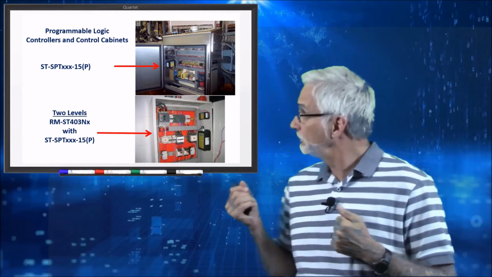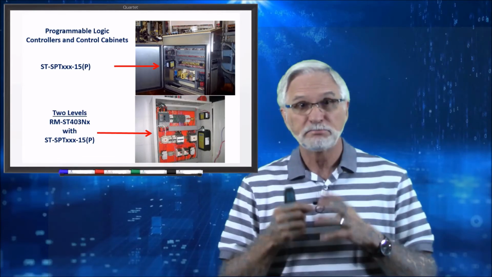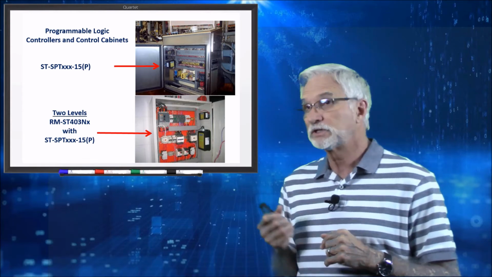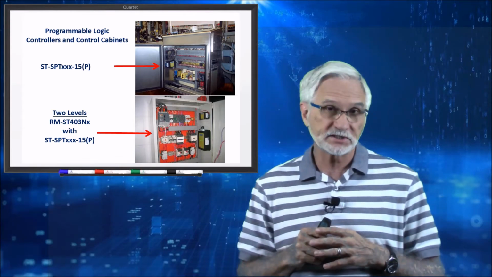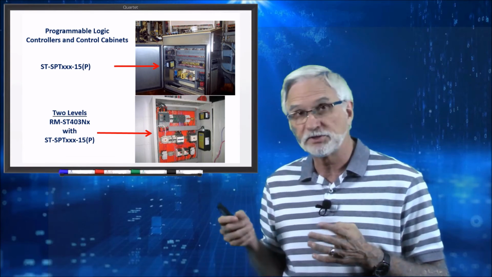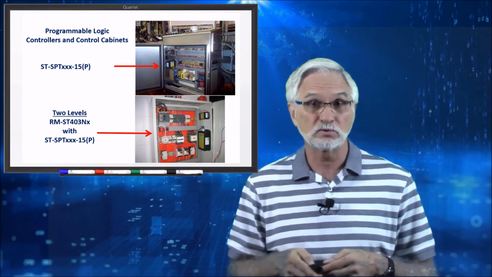Here's our bread and butter, our control cabinets, PLCs, supply voltage, control voltage. Typically you're looking at the RMST40 or RMST60, ST SP1P1, 1P2-P or -15.